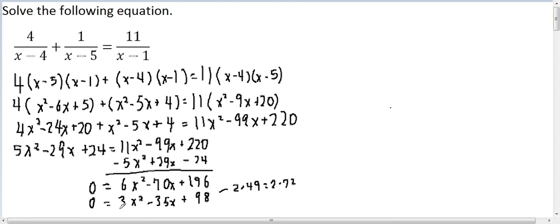So we have 3x squared minus 35x plus 98, and we're going to factor this expression next.